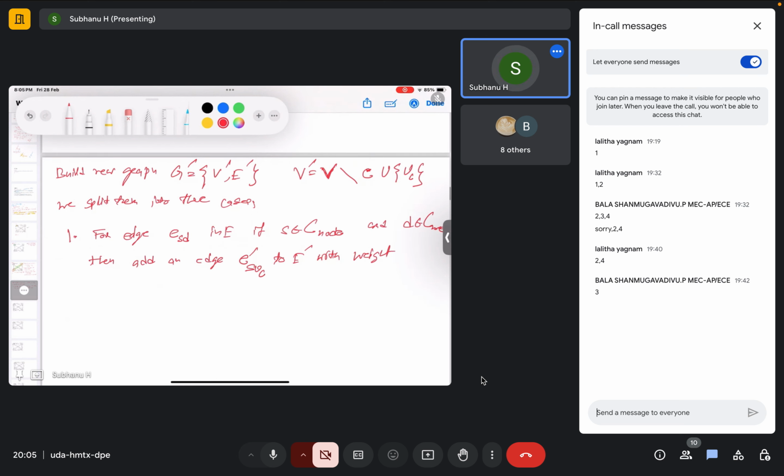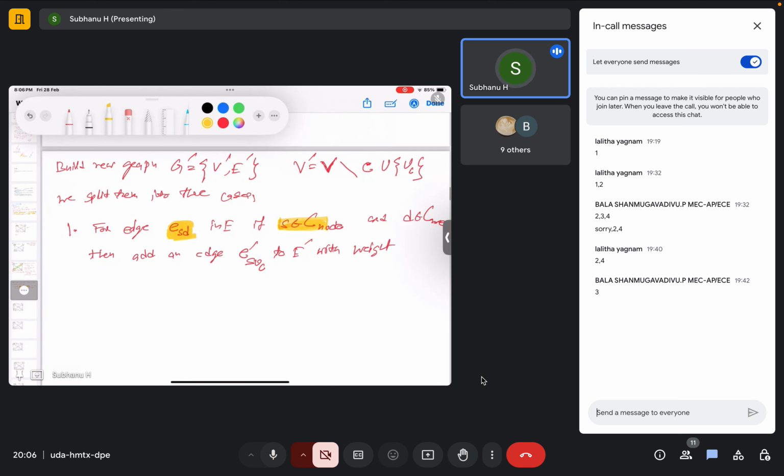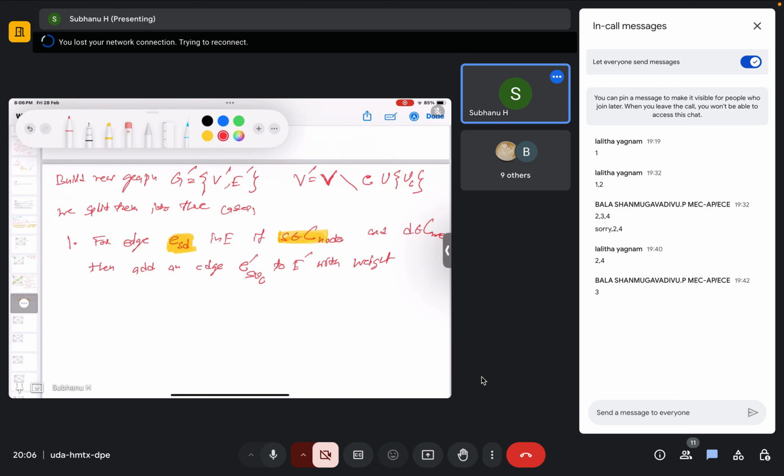So for each edge ESD, I have to find out the edge. For that edge, if one side of this edge, that is S, does not belong to a circle node, and the other side of that edge D belongs to a circle node, then we add an edge E dash, S to VC, to E dash.